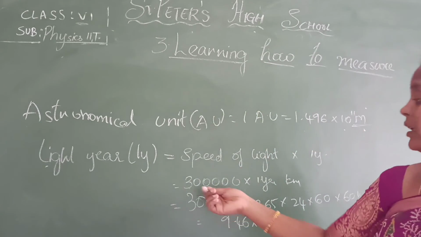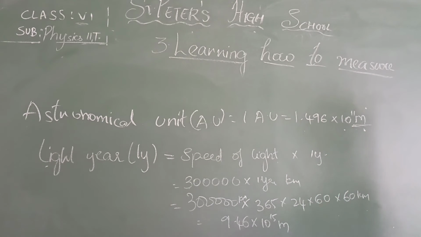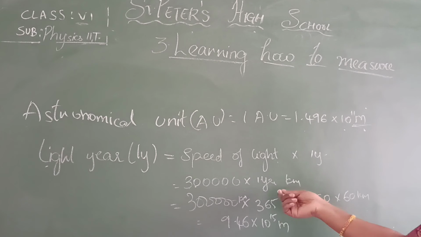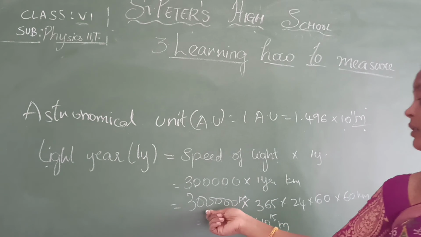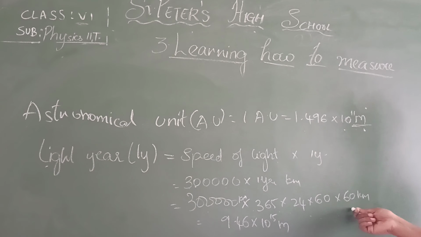So here speed of light is how much? That time, 1 year. So in a whole year, how many days are we having? We have to multiply. So 3 lakh kilometers into 365 days into 24 hours into 60 minutes into 60 seconds.